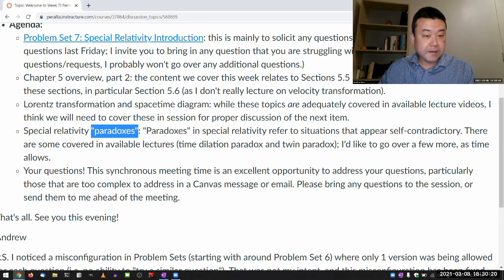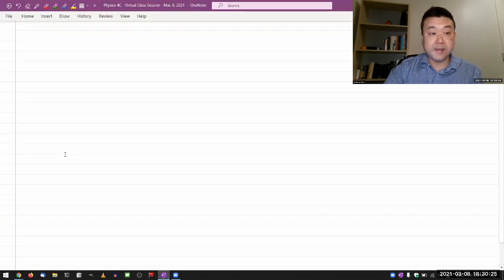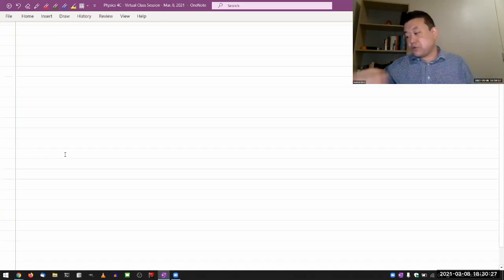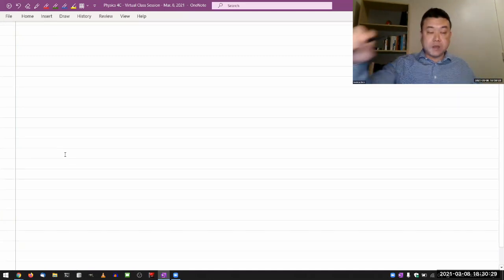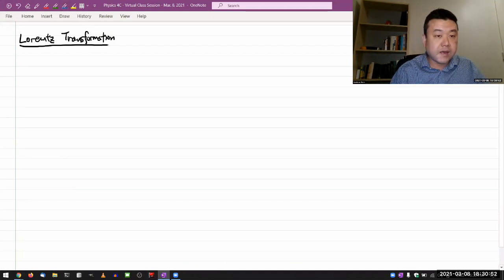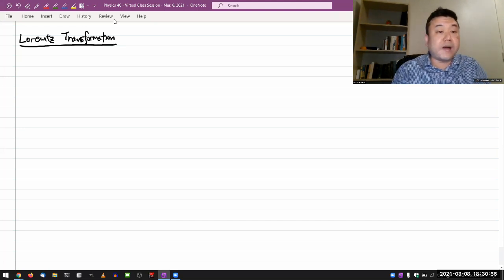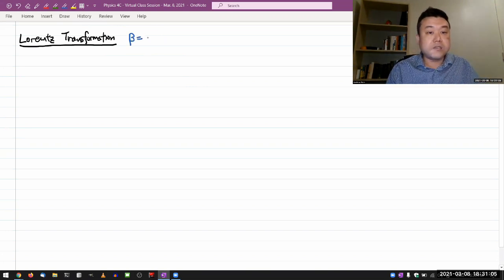So with that, let me quickly state the Lorentz transformation and its relationship to space-time diagrams. This is how I like to always specify the Lorentz transformation. I want to do it in terms of two relatively newly defined variables. One of them is beta. It's speed in units of the speed of light, v over c.